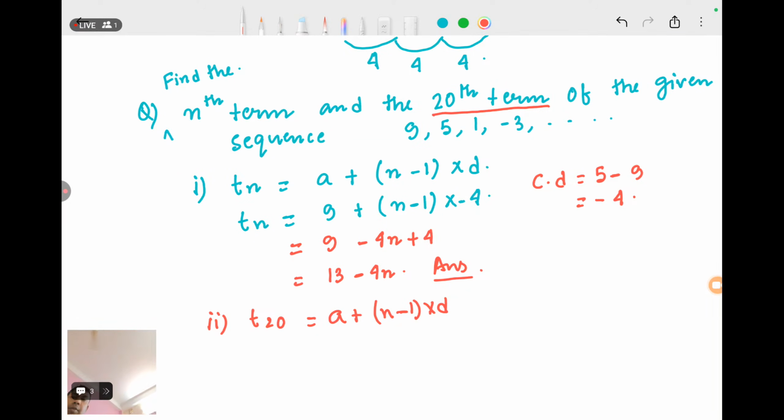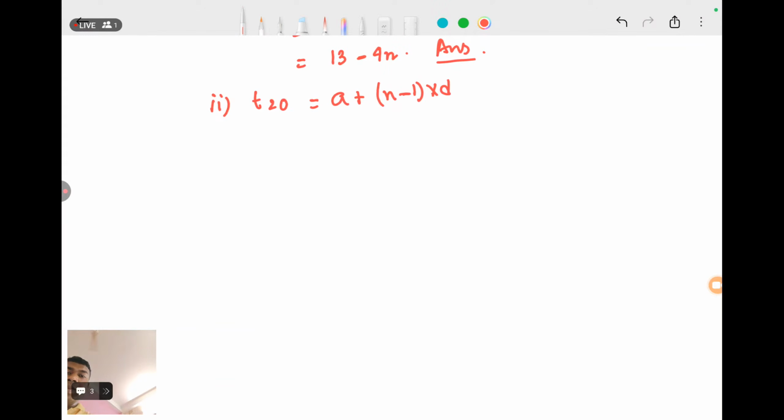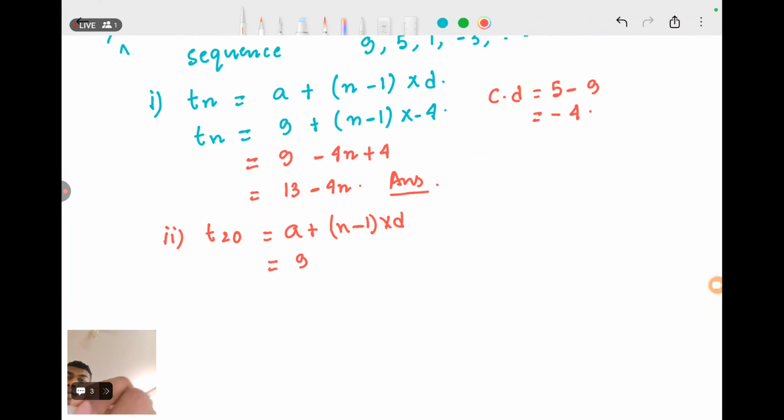Actually, we will write 13 minus 4 into 20, is equal to 13 minus 80, is equal to minus 67.